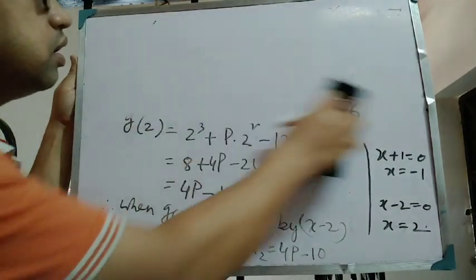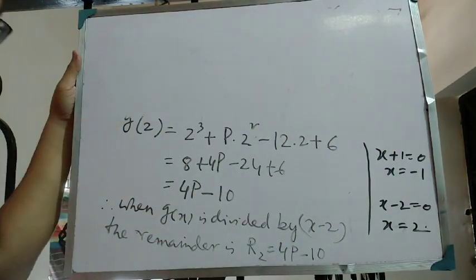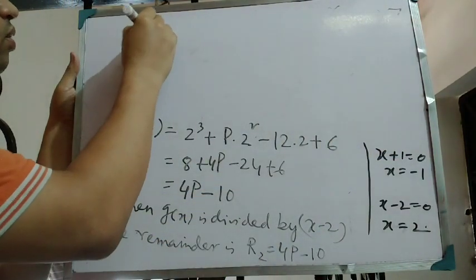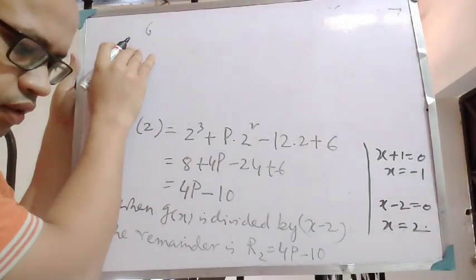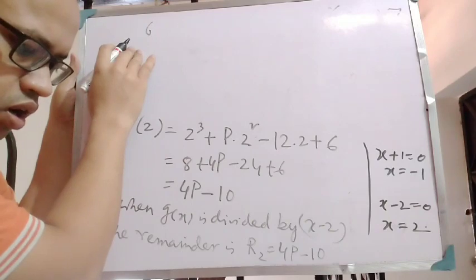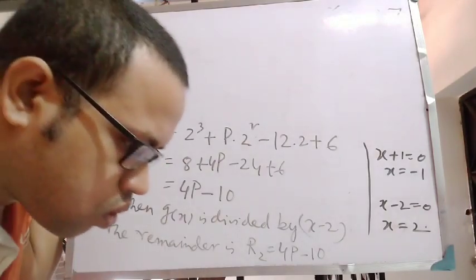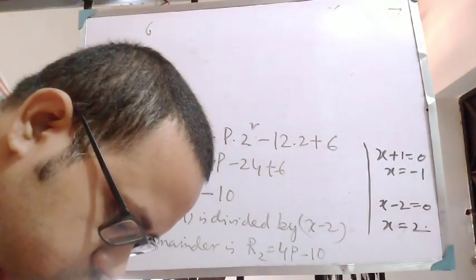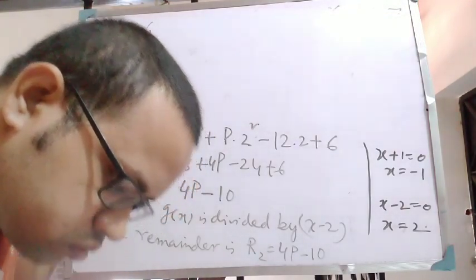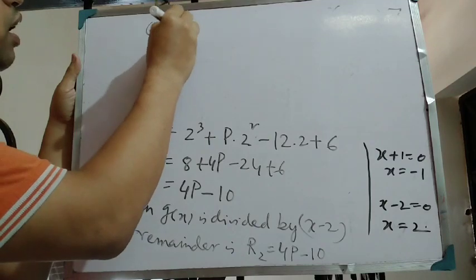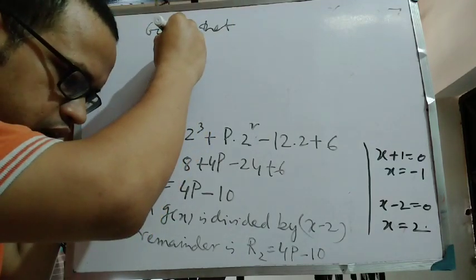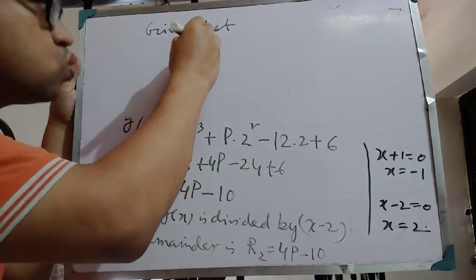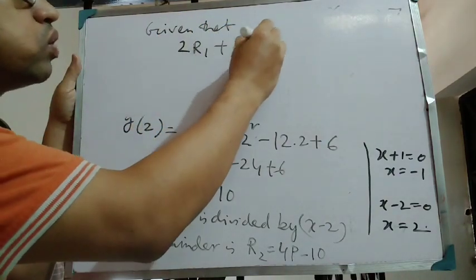What is given, the relation between R1 and R2 is given here: 2R1 plus R2 equals 6.